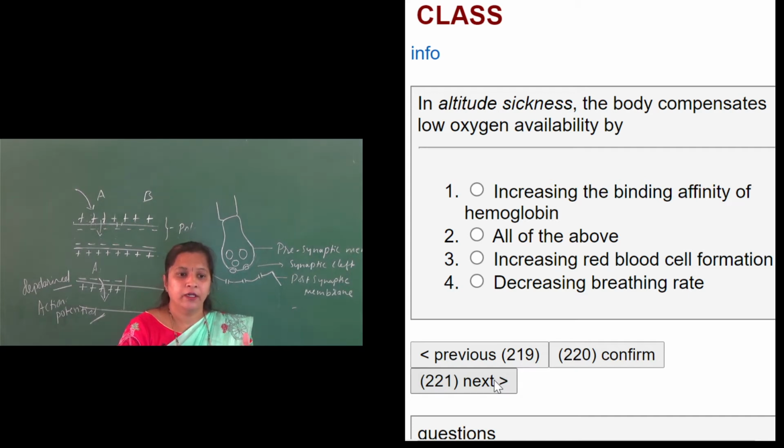We develop these symptoms of altitude sickness when we move to a high altitude, because at high altitudes the atmospheric pressure is low and the body does not get enough oxygen.